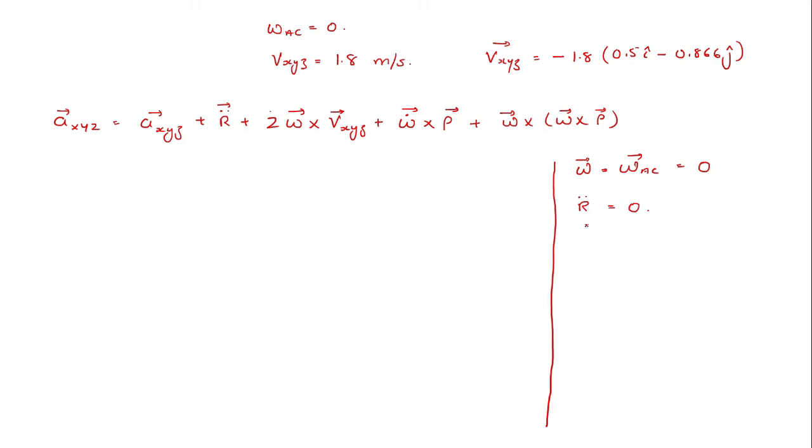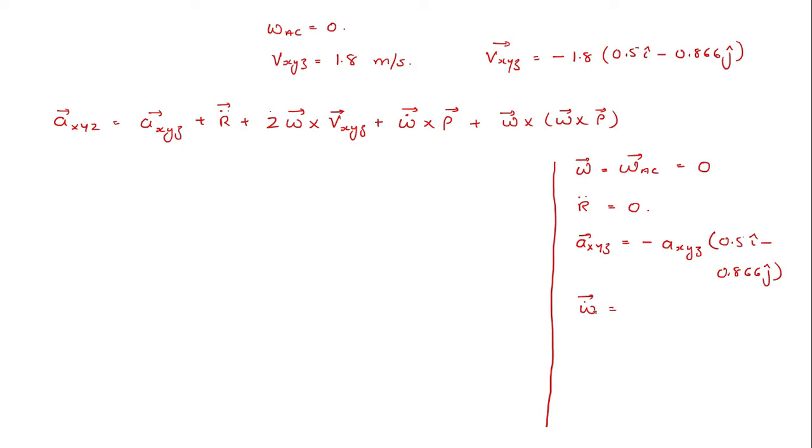Then Axyz vector, similar to the earlier term of Vxyz, will be equal to minus the magnitude of Axyz. Now if you express in terms of i and j, it will become 0.5 i cap minus 0.866 j cap.